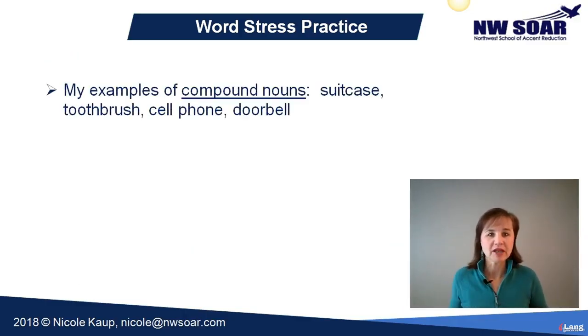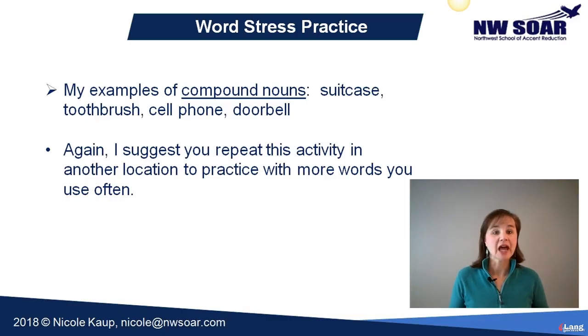What I found around me: suitcase, toothbrush, cell phone, and doorbell. And again, I suggest that you do the same activity in another place so you can practice with more words that will be common for you in your speech.